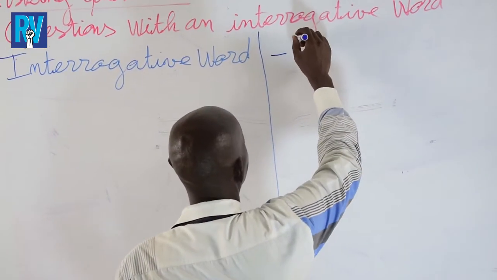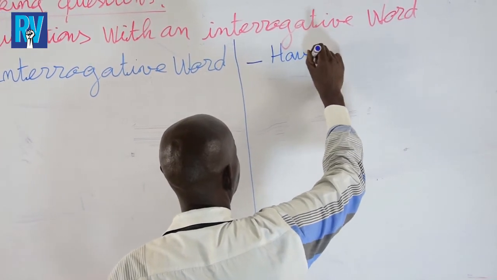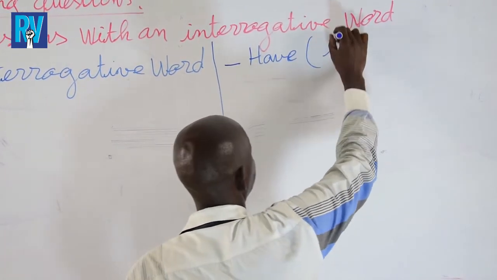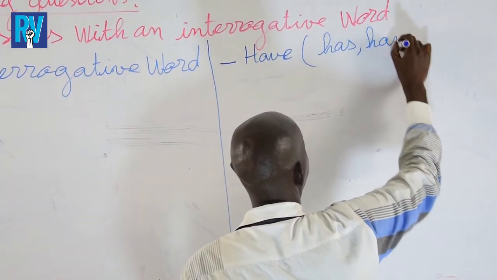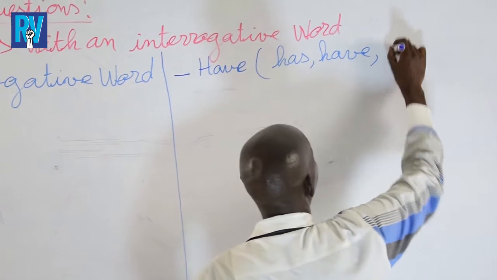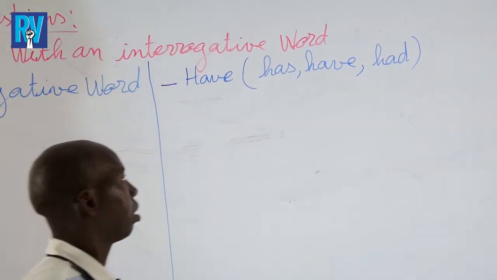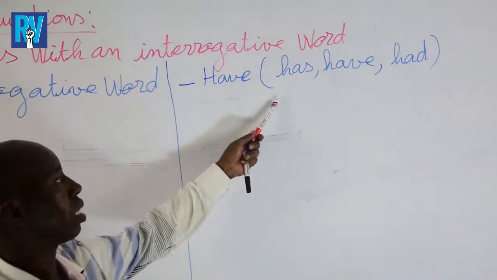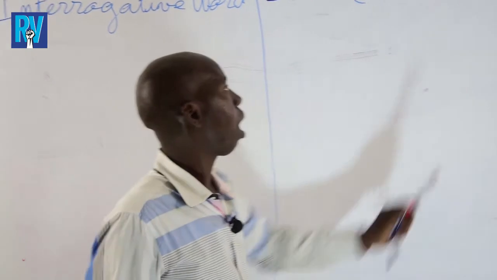First, you can have has, have, or had. Who has, where have, when had.